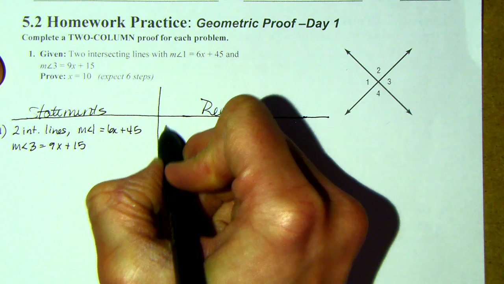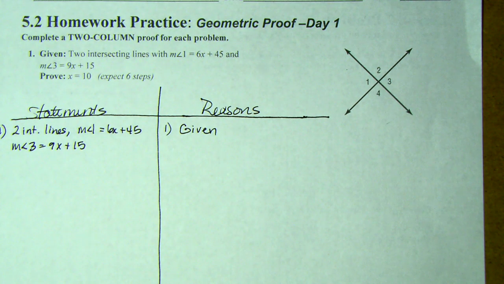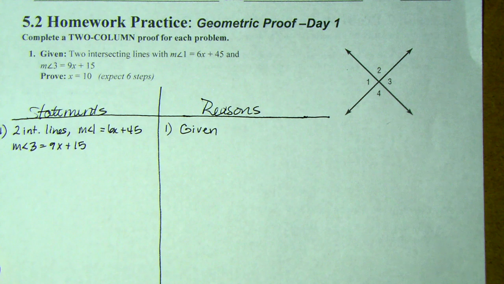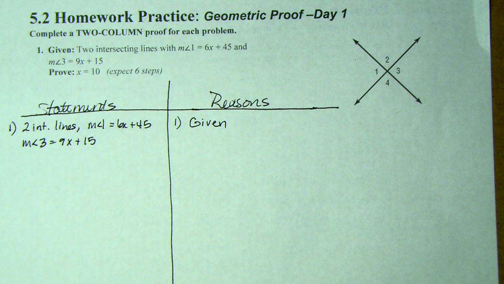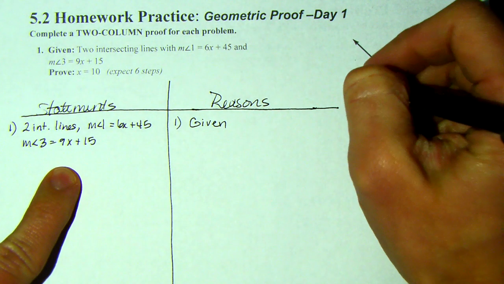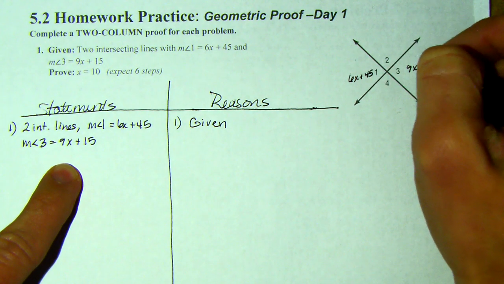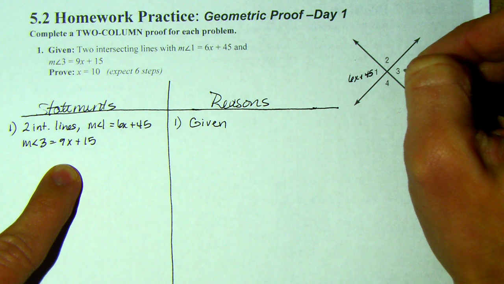That is our given. That's the stuff that they told us. We know that for sure because that's what they gave us. And if you want to, go over here and write 6x plus 45 and 9x plus 15. You can.